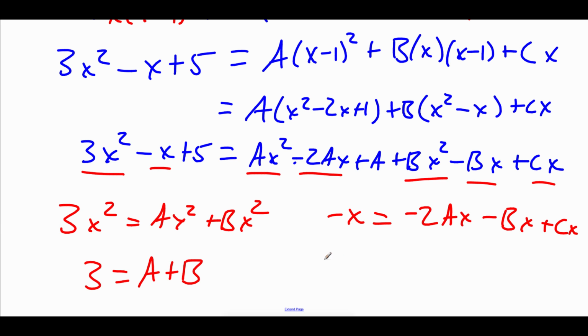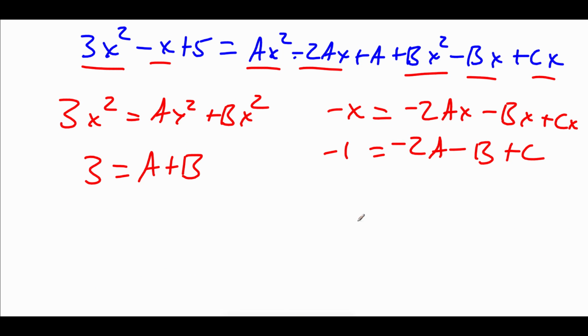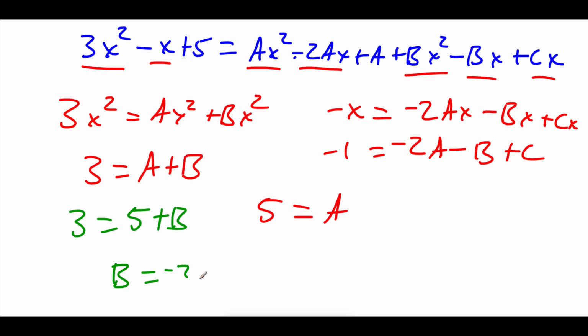I'm going to get rid of those x's, so negative 1 equals negative 2a minus b plus c. And then our plain constants on the left-hand side, we've got 5. On the right-hand side, we've got a. So a is 5. If we work backwards, we could plug that 5 in for this a right here. So then our equation says 3 equals 5 plus b. So that must mean that b is negative 2.